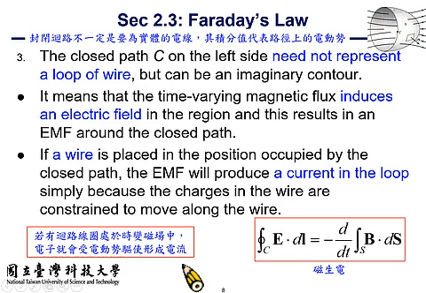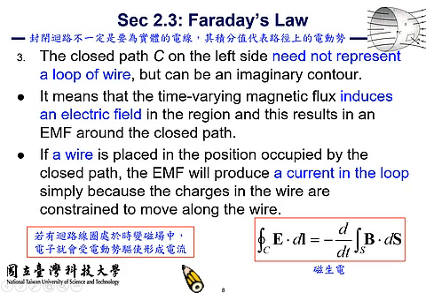The third one: the closed path C on the left side needs not to represent a physical wire loop. It doesn't have to be a physical wire loop. It can be an imaginary loop in the space.